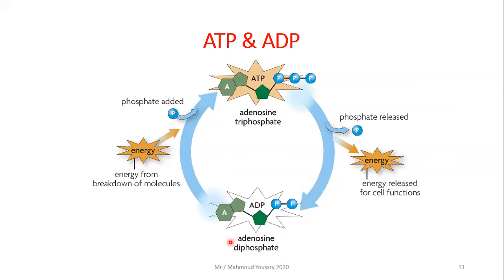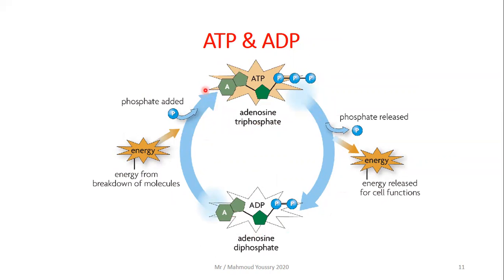Then it turns into ADP, adenosine diphosphate. By complex processes, while you are getting food and breaking down the food, the phosphate groups are added back to the adenosine diphosphate, and then it will turn into ATP once again.